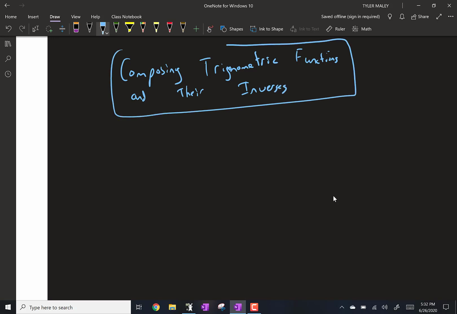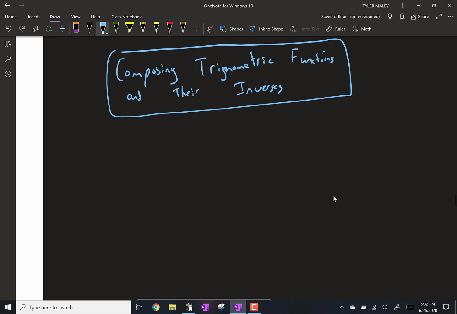We went over a couple of these formulae, but just so we have all three trig functions, sine, cosine, tangent, let's see what it looks like when we compose with their inverse functions. We already looked at sine of inverse sine of x.